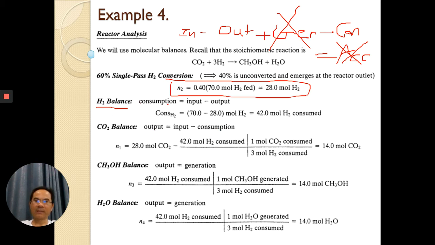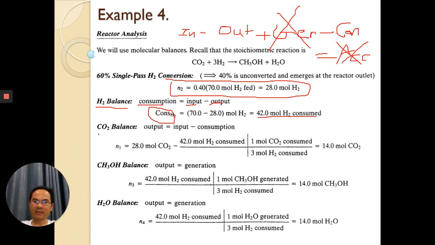For this case, we know the hydrogen input and the hydrogen output, so you can solve for hydrogen consumption. Consumption of hydrogen equals input minus output. Input is 70, output is 28, so you get 42 mole hydrogen consumed.